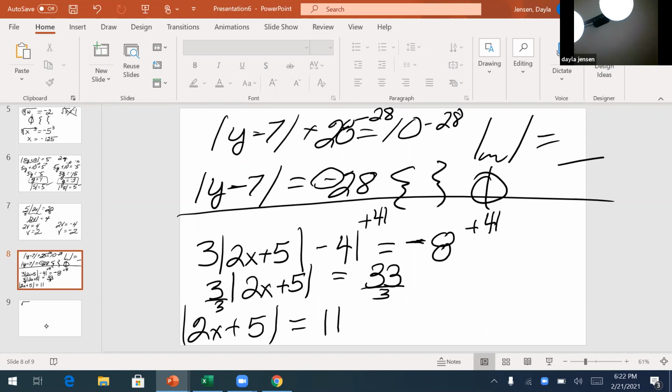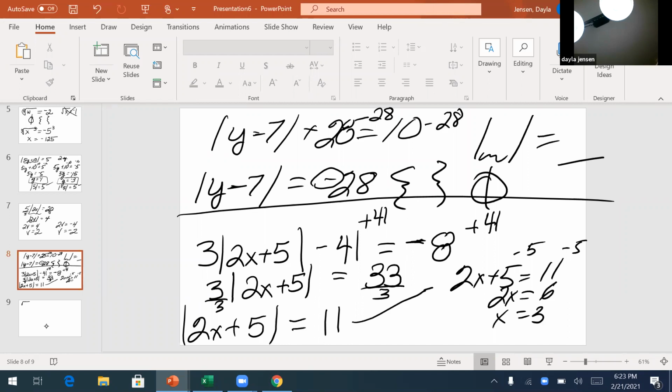Now I can rewrite that as 2x + 5 is either 11. Subtract 5 from both sides: 2x equals 6. So x equals 3. Or 2x + 5 equals -11. So subtract 5 from both sides.